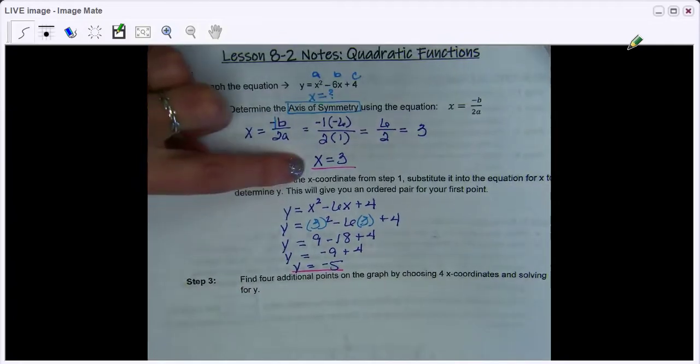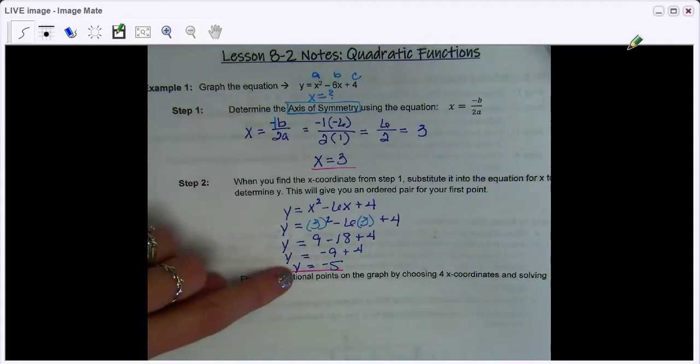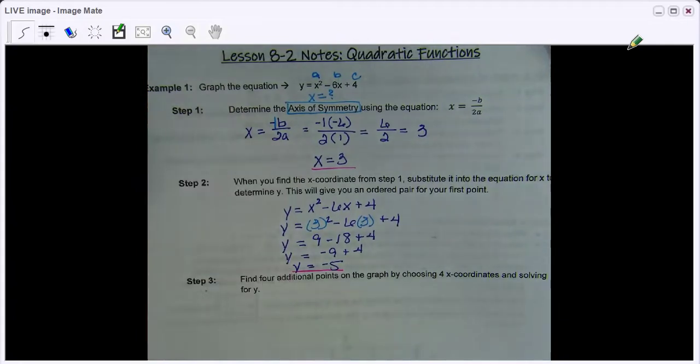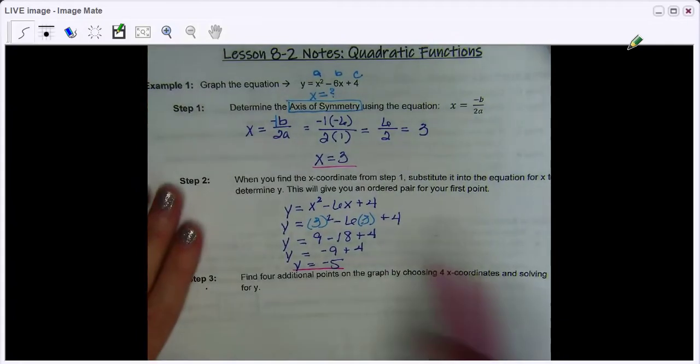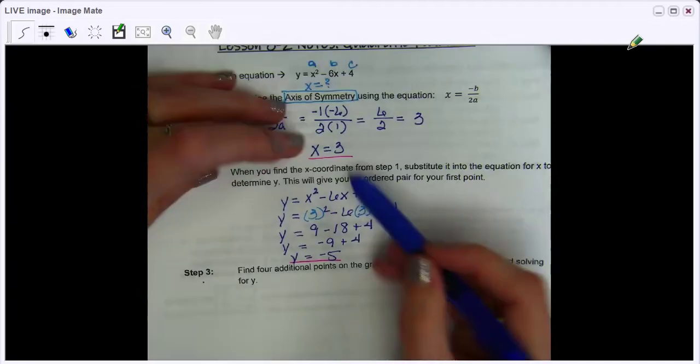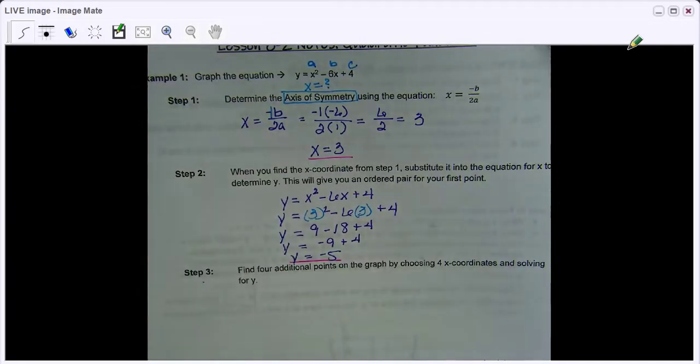So I found my axis of symmetry, which is also my x-coordinate for my vertex. Then I found my y-coordinate for my vertex. So now I just found this very center of my parabola.